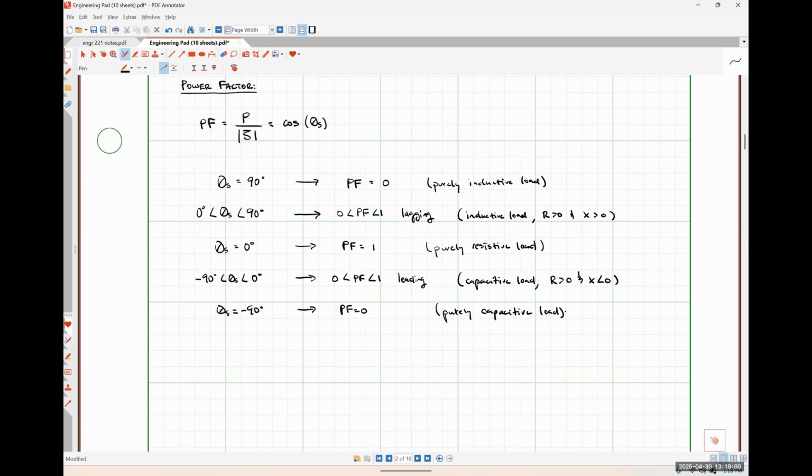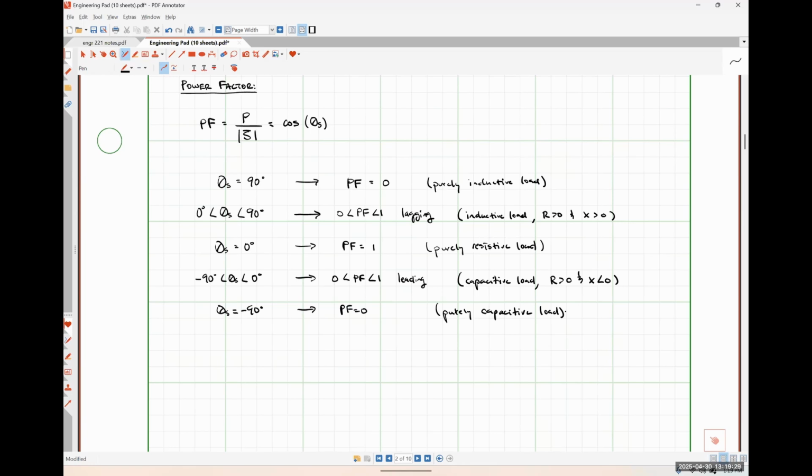The only time we would ever see a complex power in the second or third quadrant would indicate that our resistance has to be negative, which we're never really going to see, except in extremely specialized cases, or if we're assuming that power is flowing in the opposite direction that it is actually flowing.